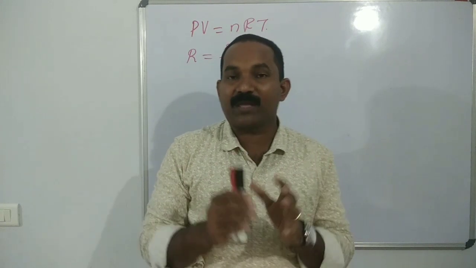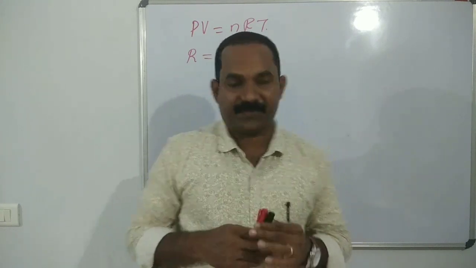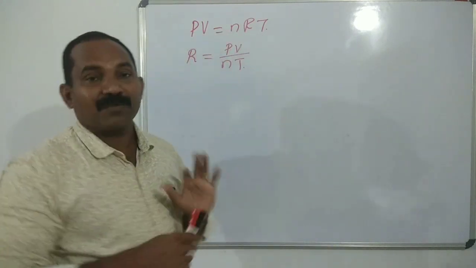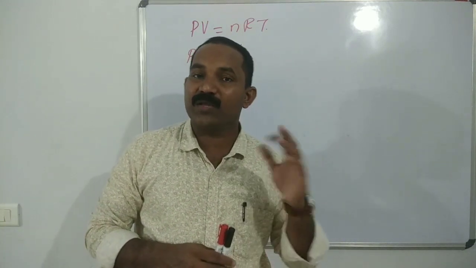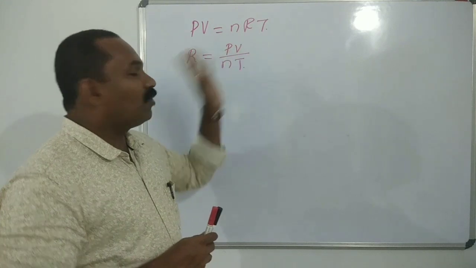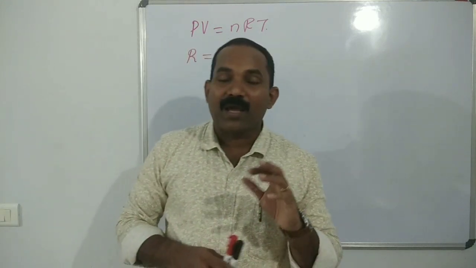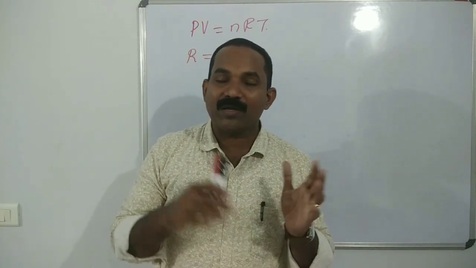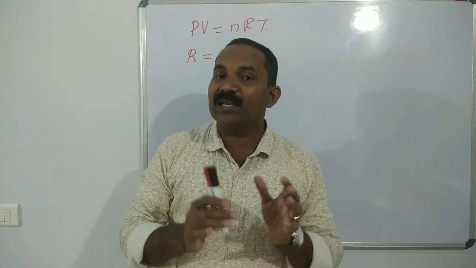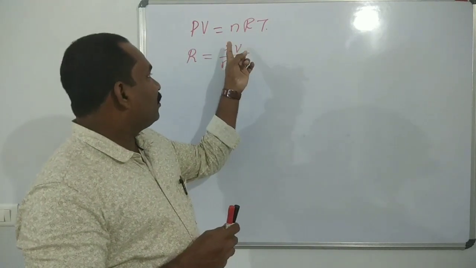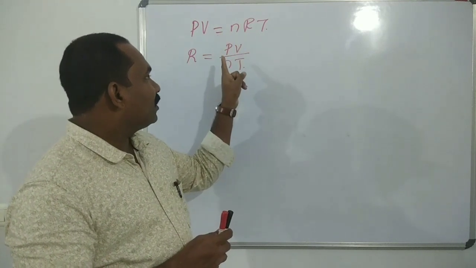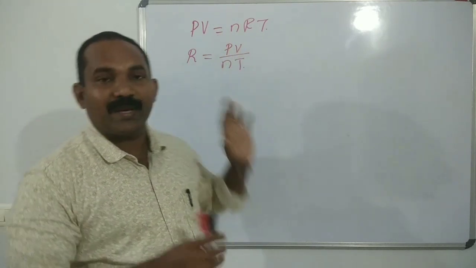Let me explain how it is work done. Pressure is force per unit area. Then volume, in a cuboid, is a cube, or generally length cube. So it is force per area into length cube.